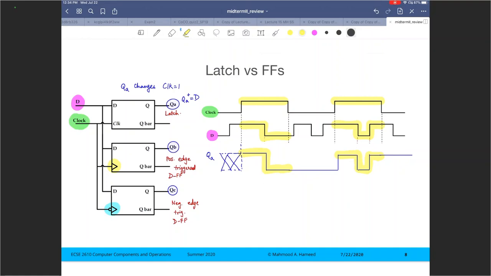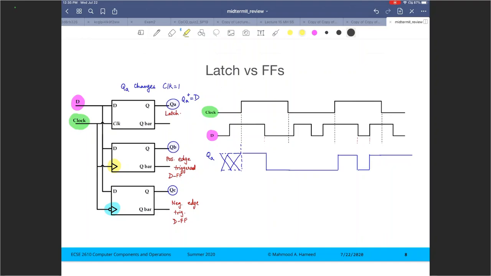Next, QB and QC. Let us try to do them. QB is a positive edge triggered D flip-flop, which means that I only have to worry about, let me erase this guy, this guy, this guy, and then only focus on the positive edges of the clock signal.